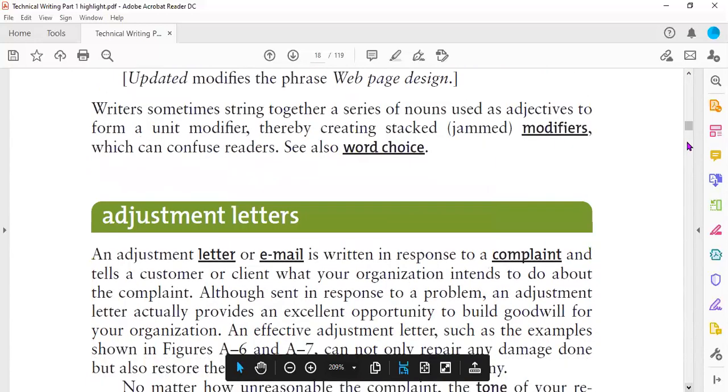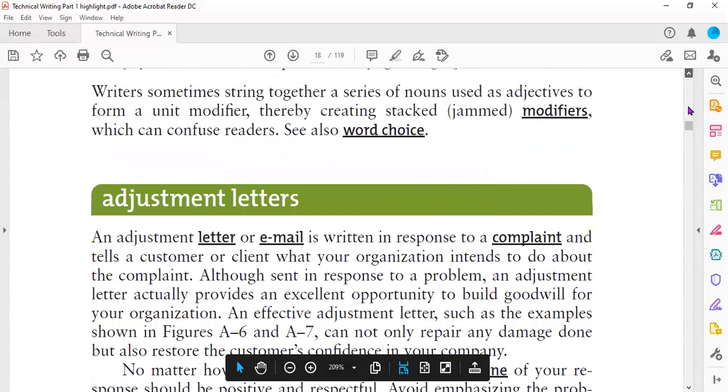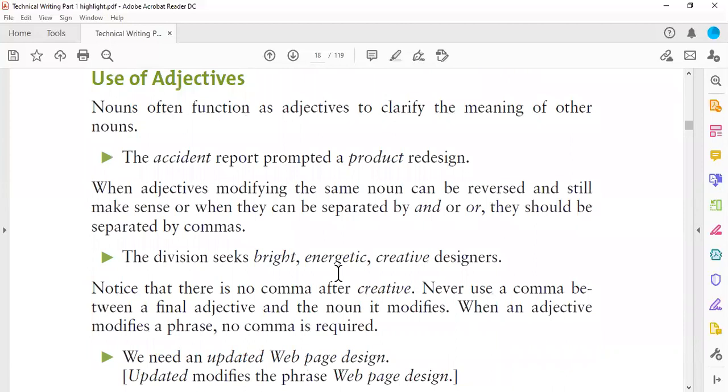Give me a second because I have a problem with it. Okay. Yeah, the accident report prompted a product design.